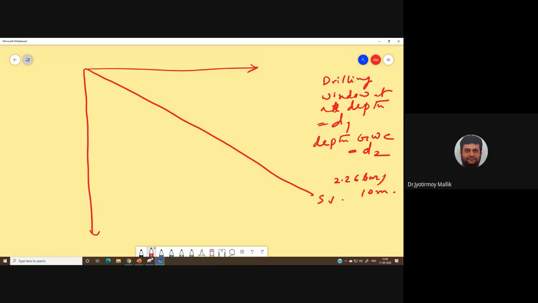Okay. So if we draw that, here is my normal hydrostatic gradient. And here is my fracture gradient.